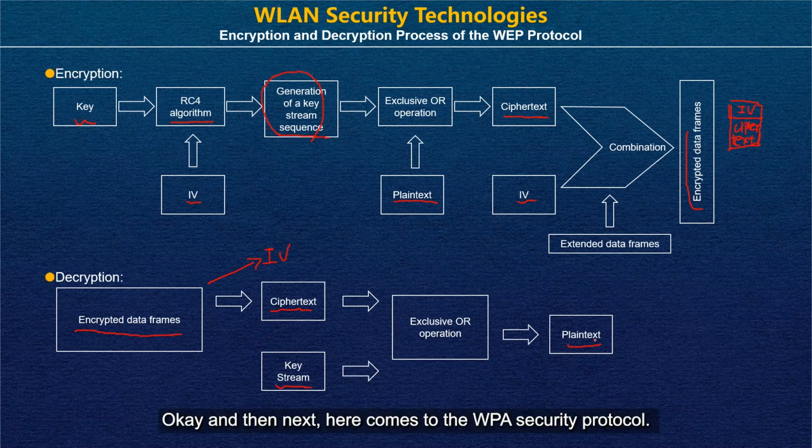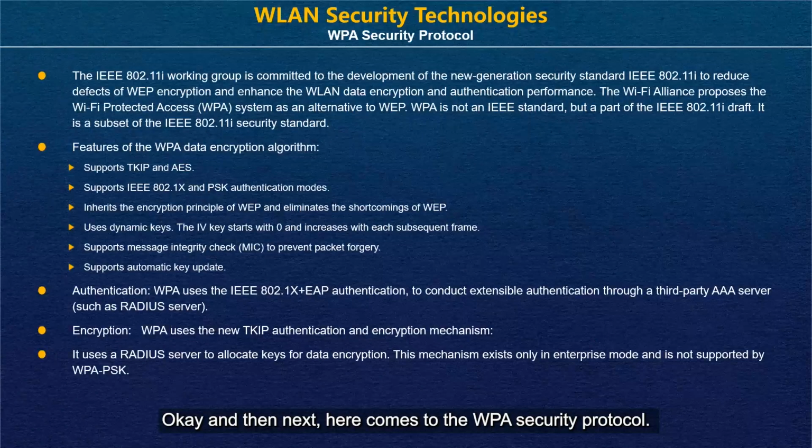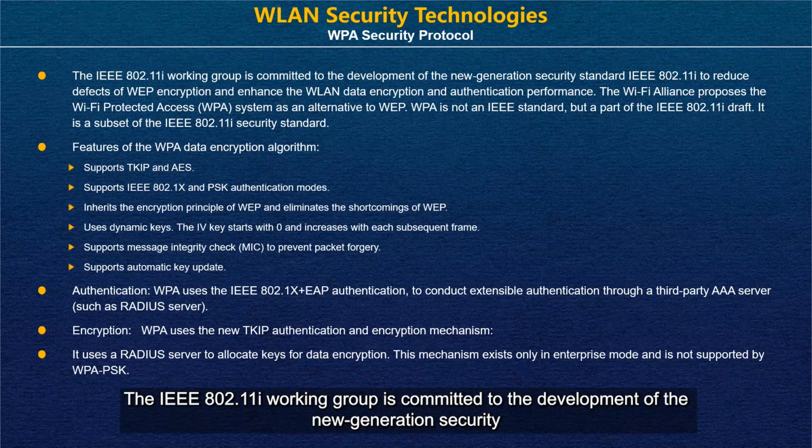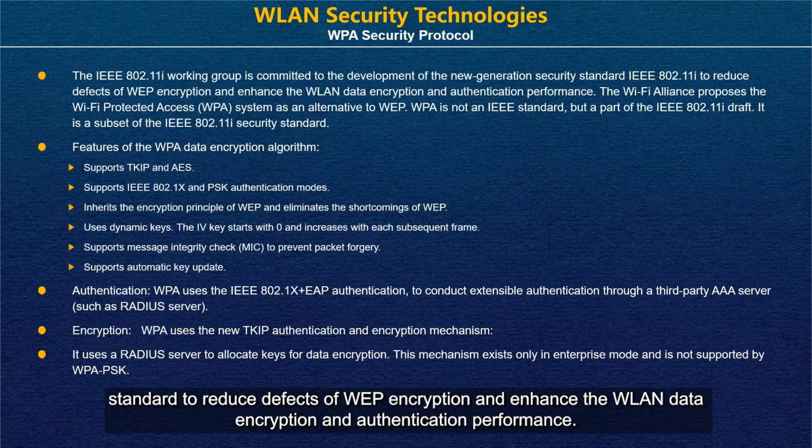Okay, and then next, here comes the WPA security protocol. The IEEE 802.11i working group is committed to the development of new generation security standards to reduce defects of WEP encryption and enhance the WLAN data encryption and authentication performance.